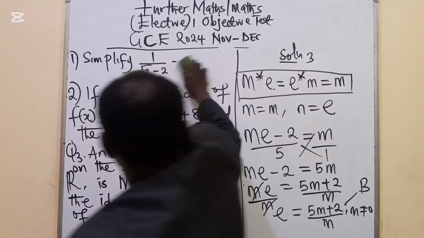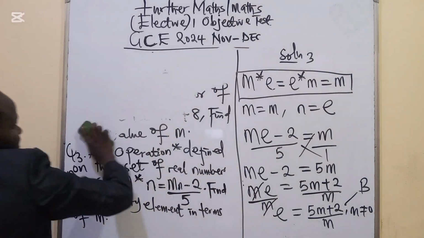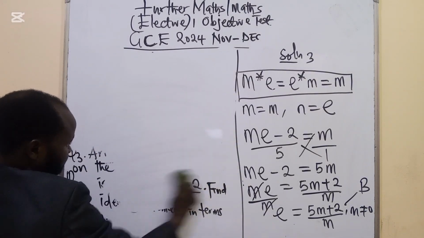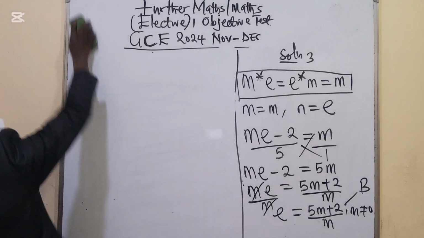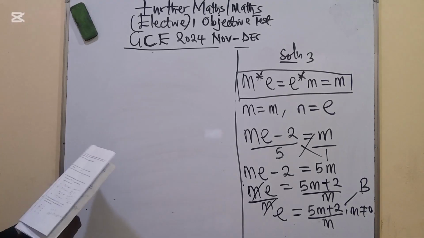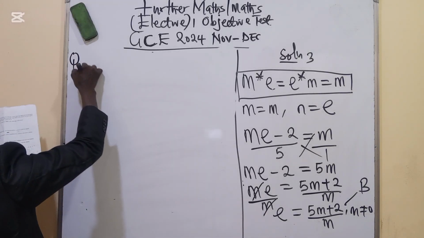Let's move to question 4, 5 in that order as far as we can, because this is an objective question. Let me put question 4 here and see how far we can go.